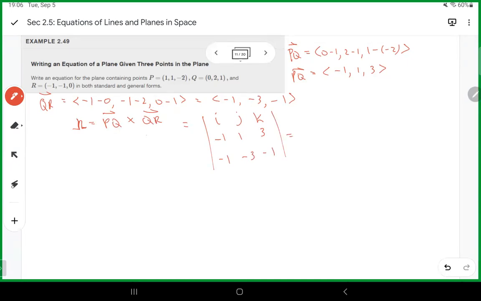And if we go through and pull everything out, you would have negative 1 plus 9 I minus 1 plus 3 J plus 3 plus 1 K, which would give us 8 I minus 4 J plus 4 K. That would be the first part. So that, therefore, or thus they say, n.